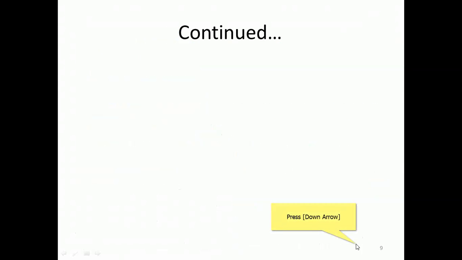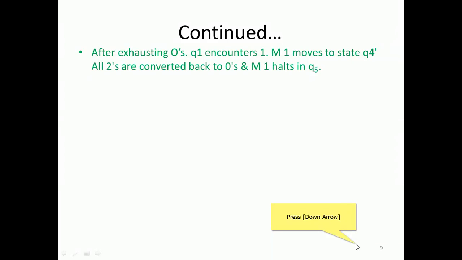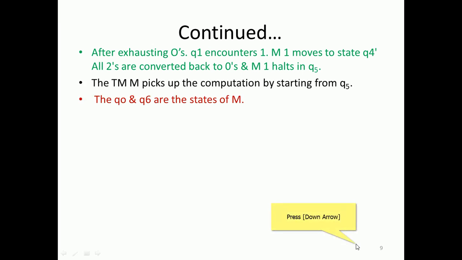That continues here. After the zeros are exhausted, when Q1 reads 1, M1 moves to Q4, where all 2's are converted back to zeros, and M1 halts in Q5. So the Turing machine picks up the computation starting from Q5.